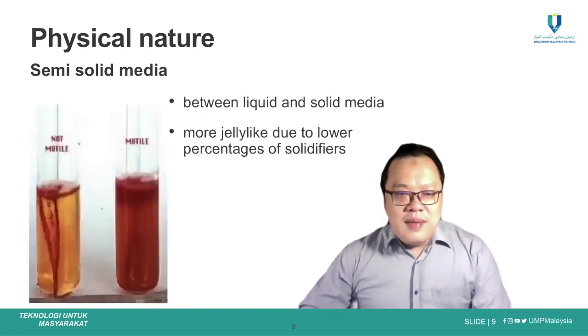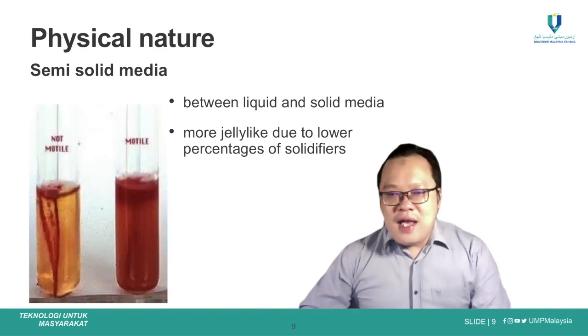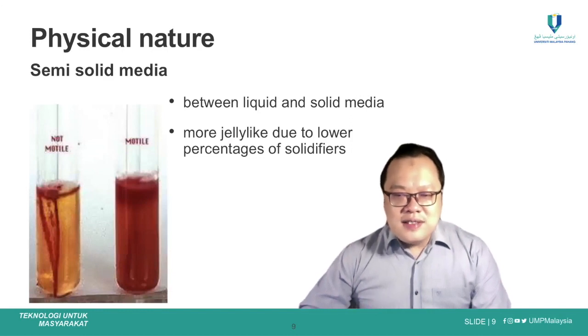A semi-solid media is a type of culture media that has properties between liquid and solid media. It's a little bit jelly-like due to its low percentage of solidifier such as agar being added into it.